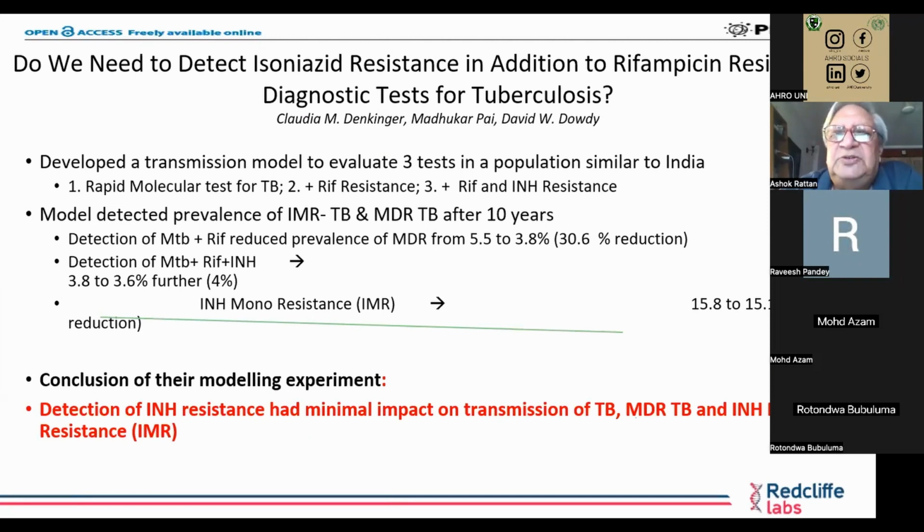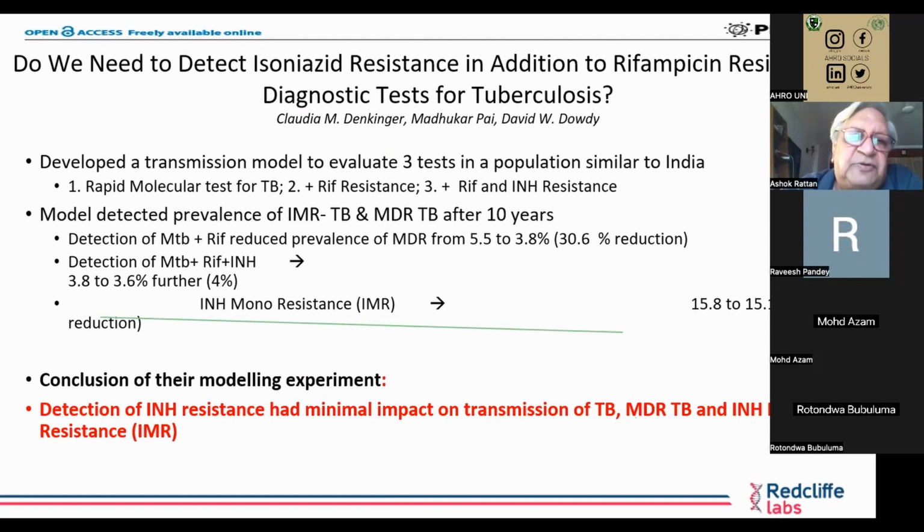To be fair to the decisions that were taken, there was computer modeling which indicated that if you detect rifampicin resistance alone, then you make a difference of about 30% in the patient's treatment.